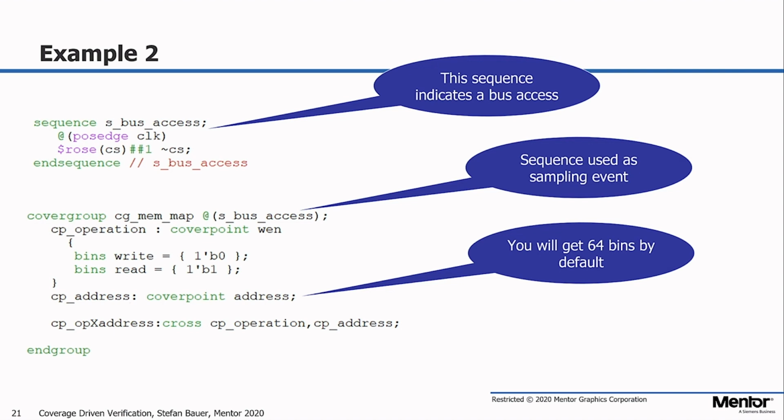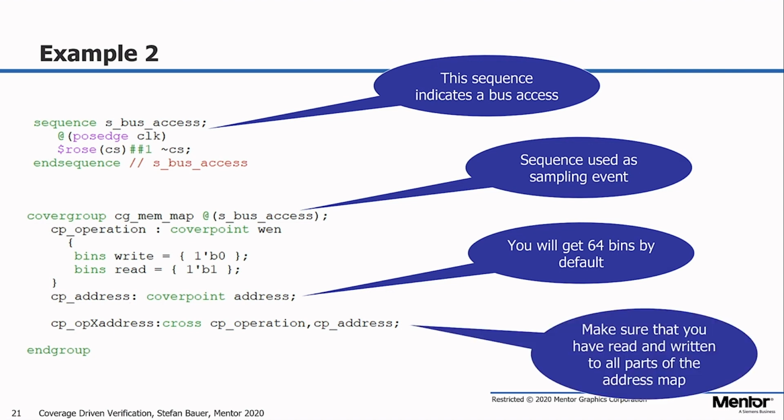And then, of course, I'm interested in whether I have read and whether I have written to all parts of my address map. And that's what I do here with my cross item. So I simply cross the cover point operation with my cover point address.